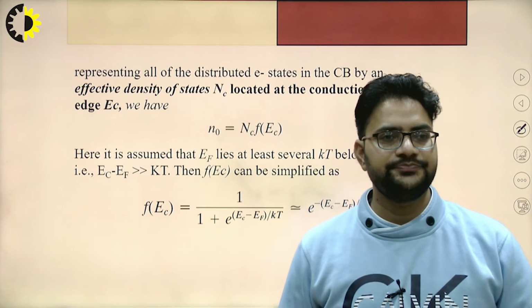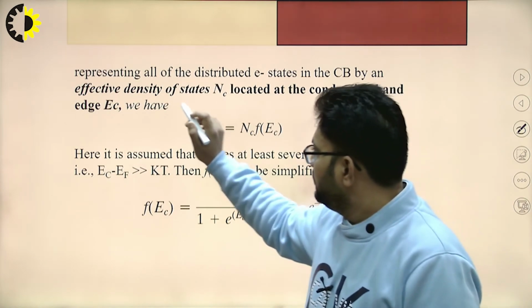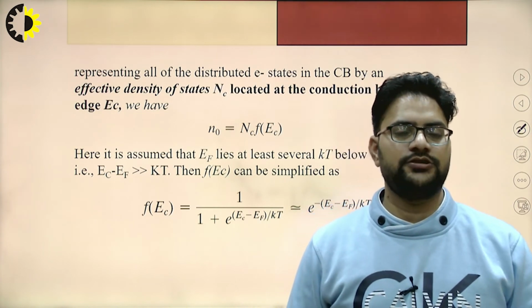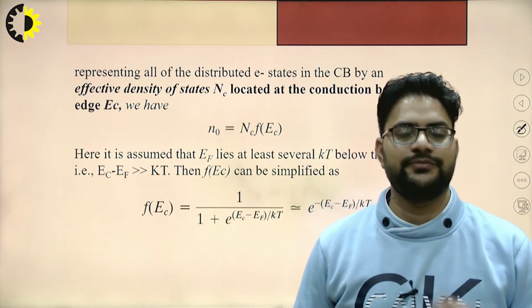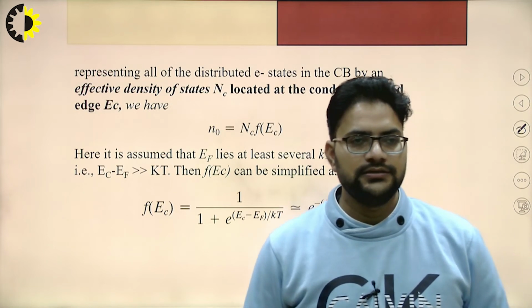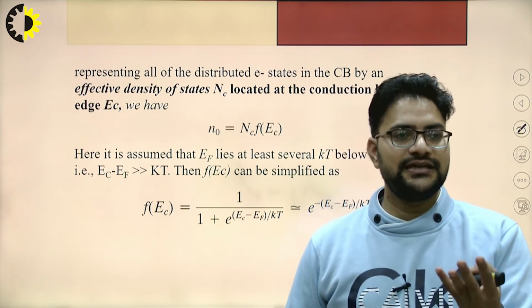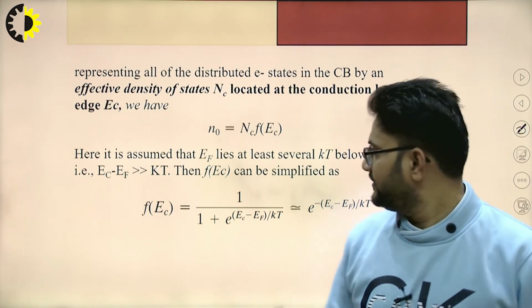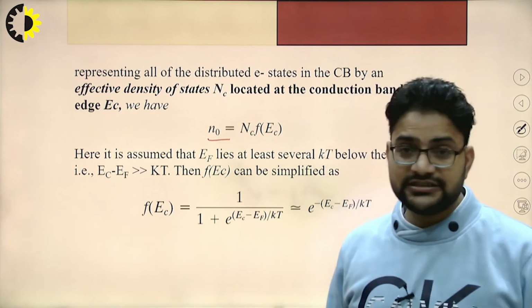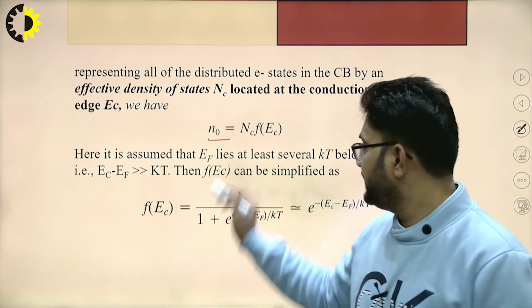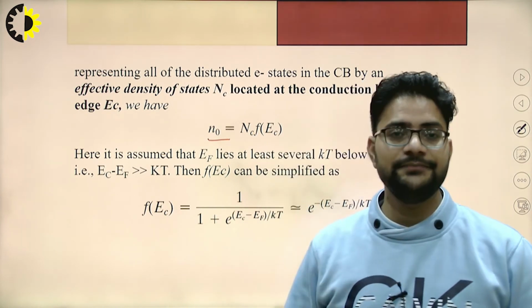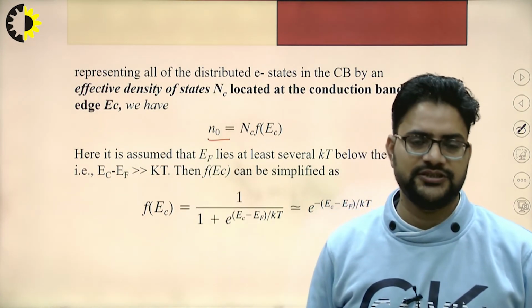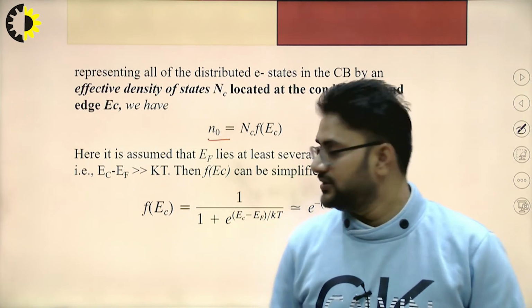Now next, if I want to represent all the electron distribution in the conduction band, and I say the effective density of states is Nc, then n naught, which is the electron concentration at equilibrium, will be equal to Nc multiplied by the Fermi-Dirac function at the conduction energy level.